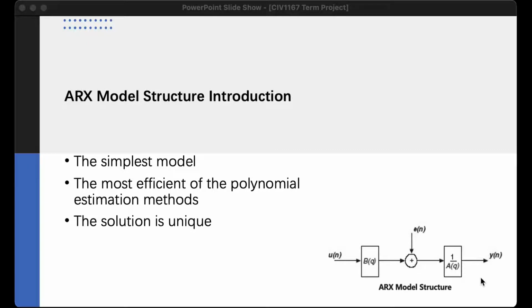Therefore, this model structure is also indicated as an ARX model, which can be written in another equation. More specifically, ARX model structures are also denoted as ARX with orders, where the number of sampling intervals is related to the delay time.